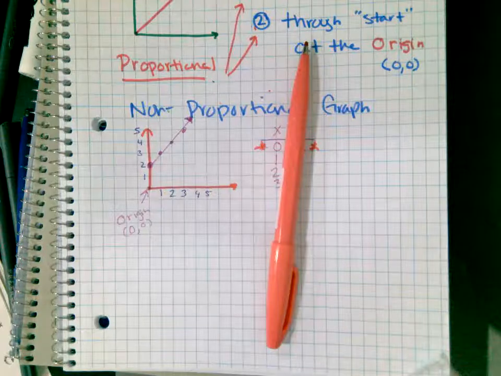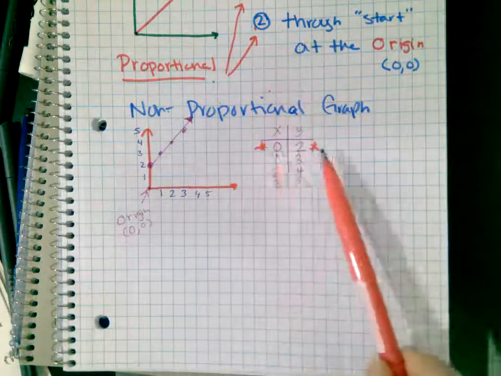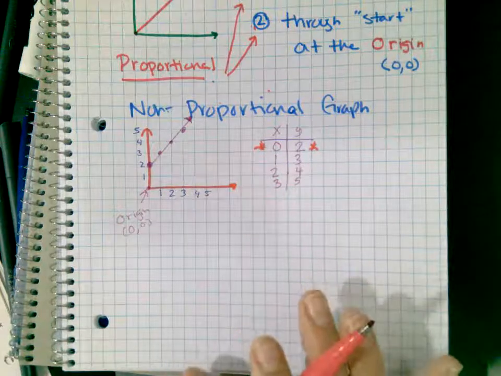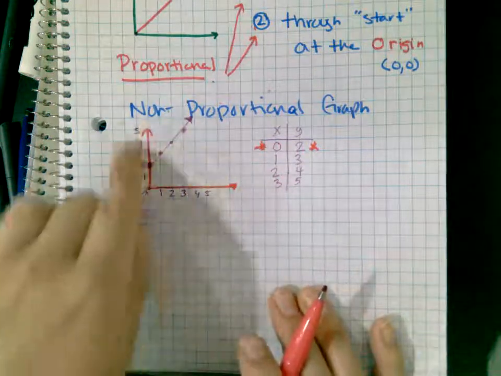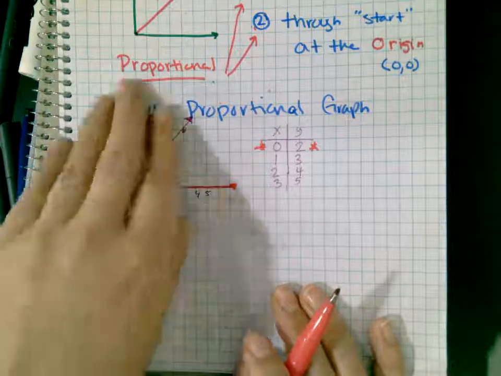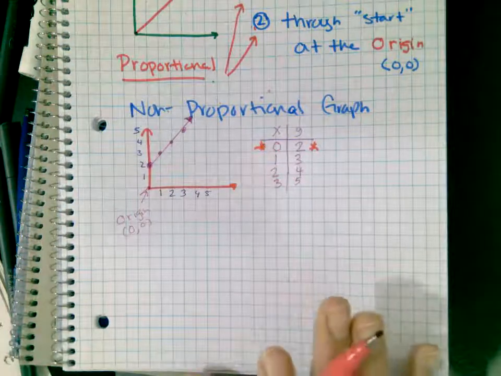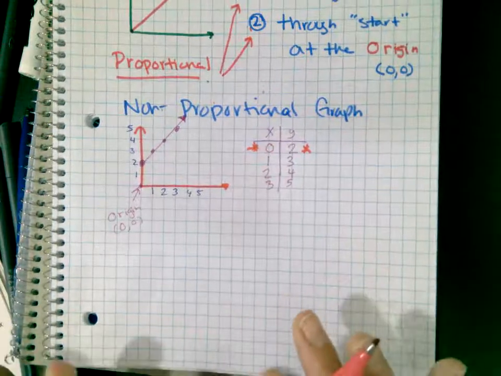In 8th grade, you'll be doing these problems, these equations, these graphs. In 7th grade, nah, we want it at 0, 0. All right, are we okay?